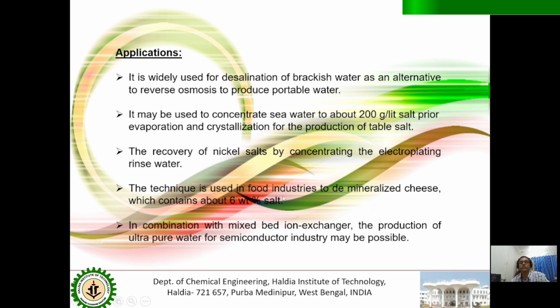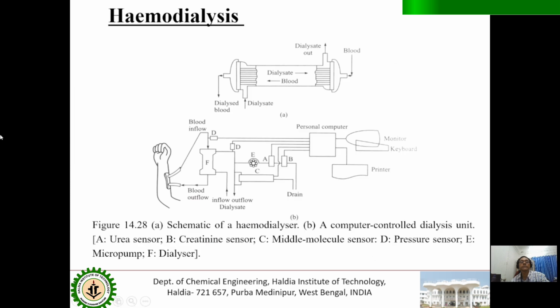This technique is used in food industries to demineralize cheese, which contains about 6 to 8% of salt. In combination with mixed-bed ion exchangers, it may also be used for the production of ultra-pure water for the semiconductor industry. So dialysis has a wide application, and nowadays it is also used in different applications.